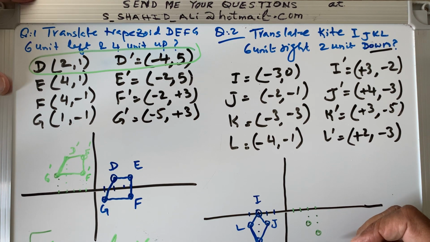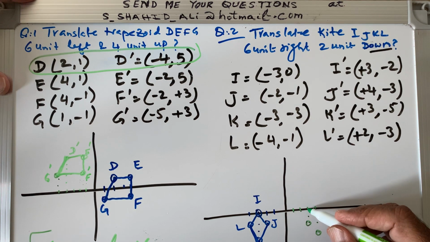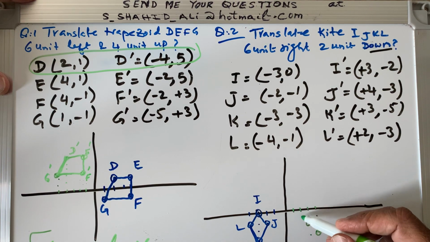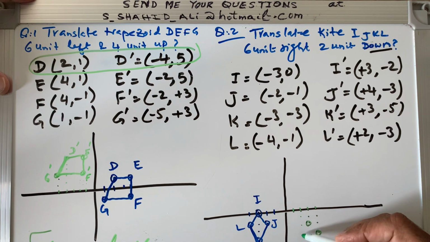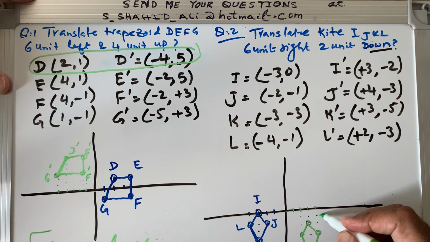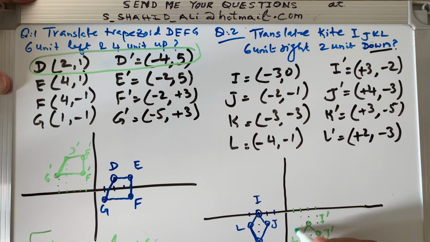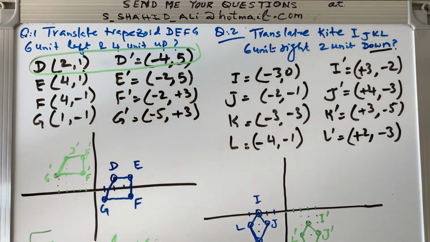Plus 3, -5: plus 3, 1, 2, 3, 4, 5. This is my K dash. Plus 2, -3: plus 2, 1, 2, 3. This is my next point. So my kite is like this, and this is I dash, J dash, K dash, and L dash. So we translated the kite 6 units right and 2 units down.